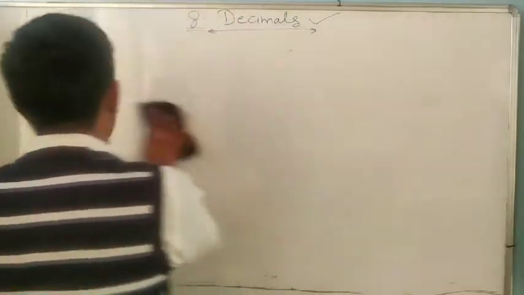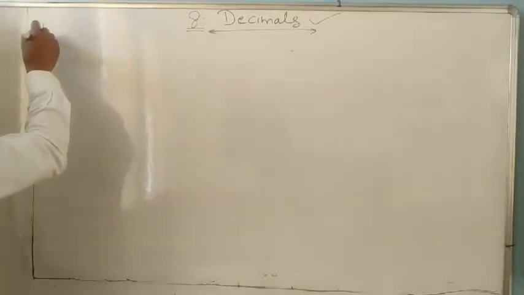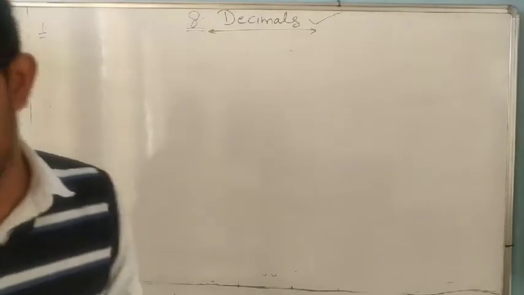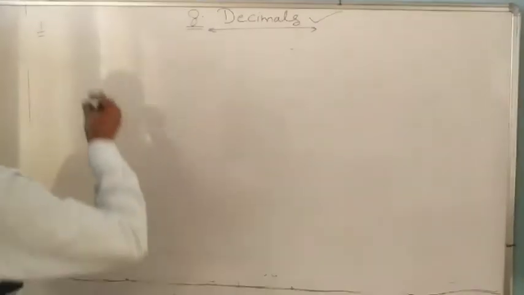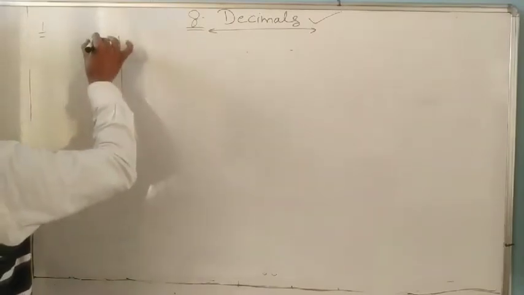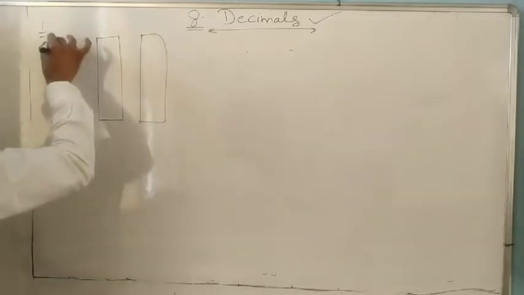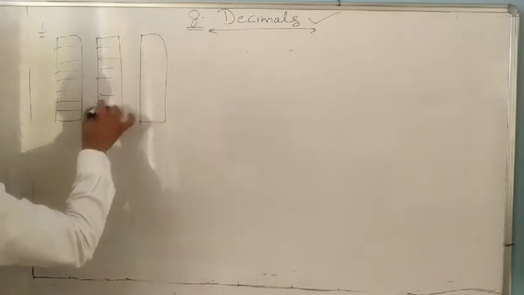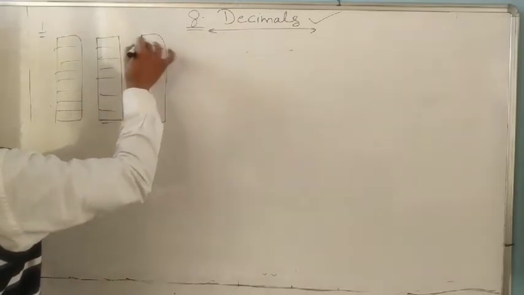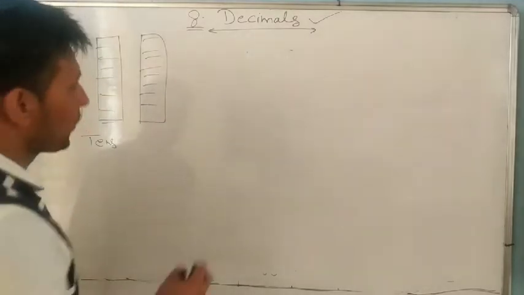Look at now. First question of 8.1. Okay. To write first, I know everyone can write. Here I am writing tens. It is tens. Tens given. Next is ones given.